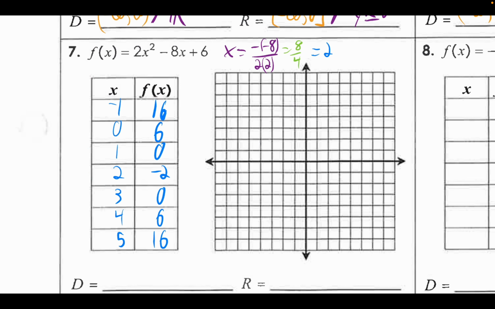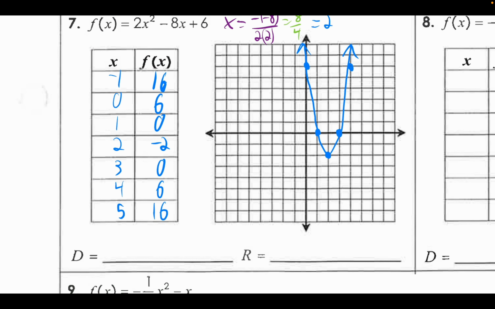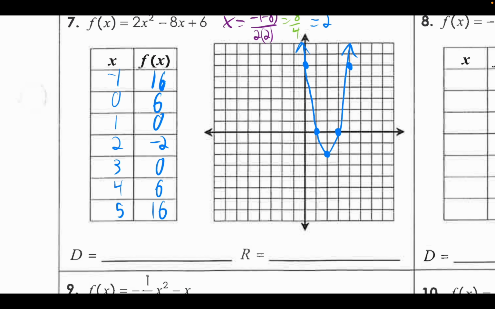So now as I go ahead and plot these points, I end up getting this graph. It makes this U, and my last ones go off the graph, which is a very consistent theme as we're noticing. It does open up, which the A is positive, so it should have opened up. That's a good sign.